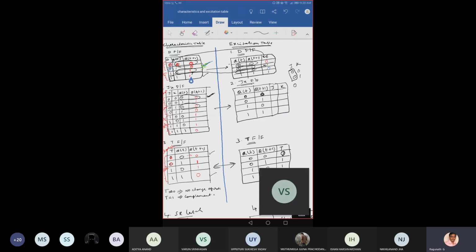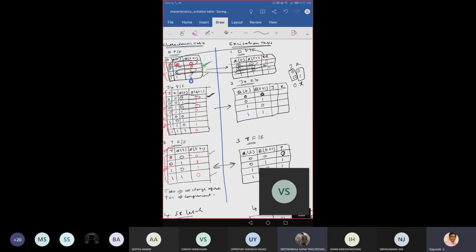What is the K value? Is it 0 or varying? 0 or 1. So in that case, if it is 0 or 1, you should take it as X. Please understand. If the variable has both the values 0 and 1 in a combination, we have to take it as X.